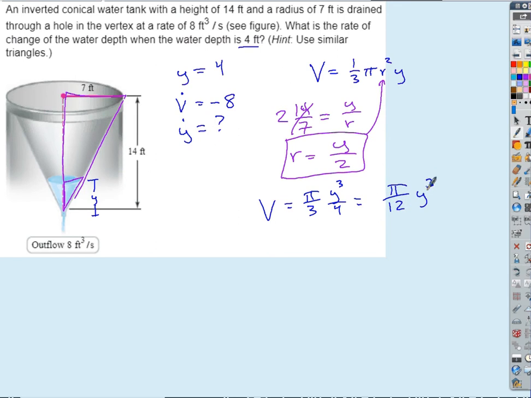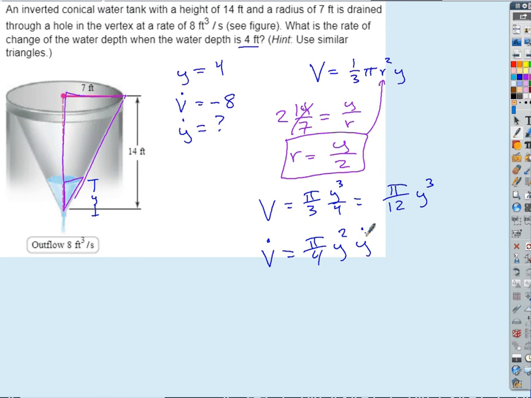That makes things a lot easier, doesn't it? Because now when I differentiate implicitly, look what happens. I just get V dot equals 3/12, which is 1/4, y squared y dot. Now I can solve for y dot easily.